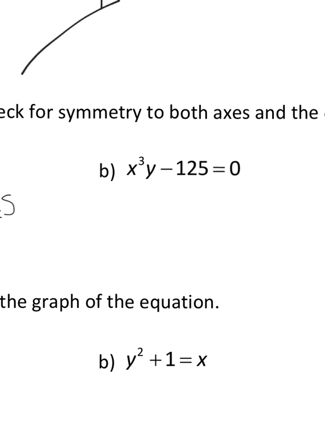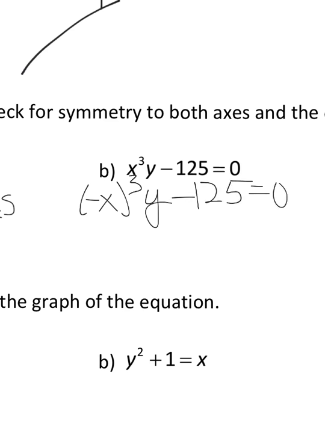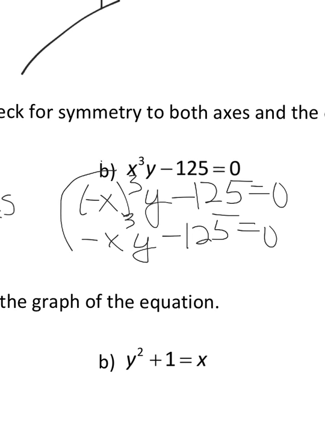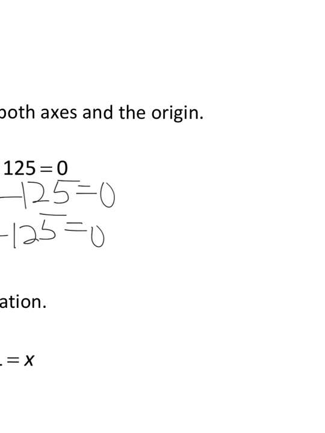Okay, let's take a look at this one. If I plug in -x, the opposite of x quantity cubed, 3 negatives obviously stays negative, and therefore that's what happens when we plug in -x alone, and this equation is not the same as that, therefore it's not symmetrical to the y-axis.